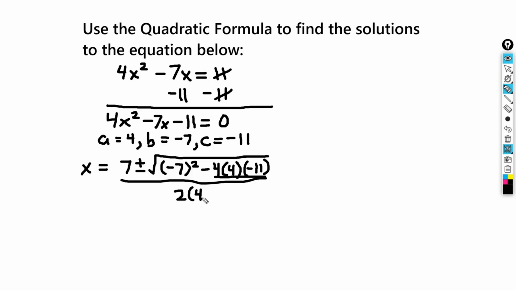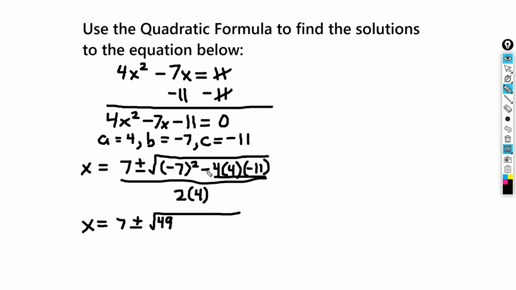So let's continue to now simplify this. Okay, so we've got x equals 7 plus or minus the square root of negative 7 squared, which is positive 49. And then we're going to do 4 times 4 is 16 times 11.